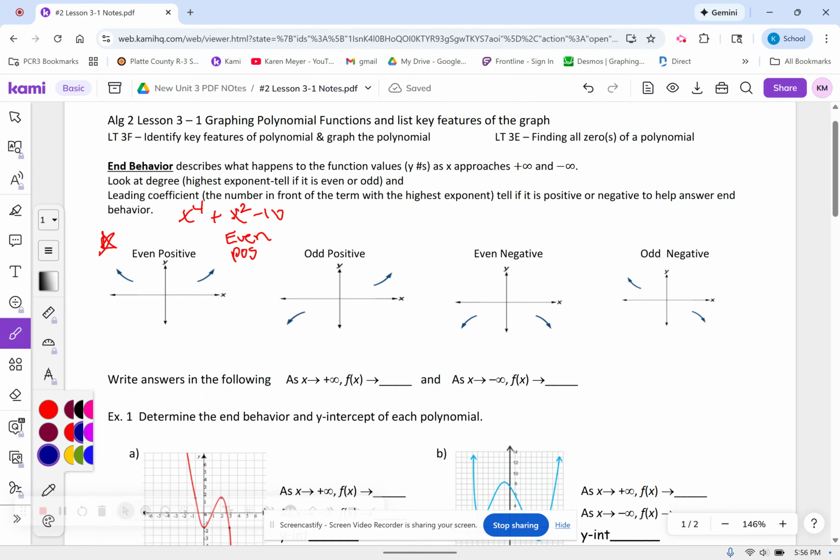Now, if you had an equation that looked like this, let's say you had negative 2x to the fifth plus x minus 10, then you would say, oh, okay, the degree is 5. 5 is odd.